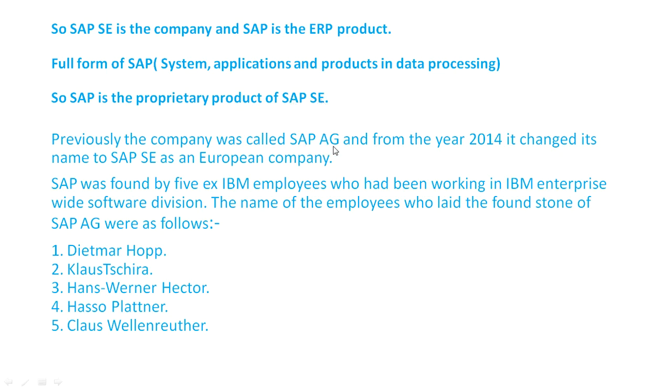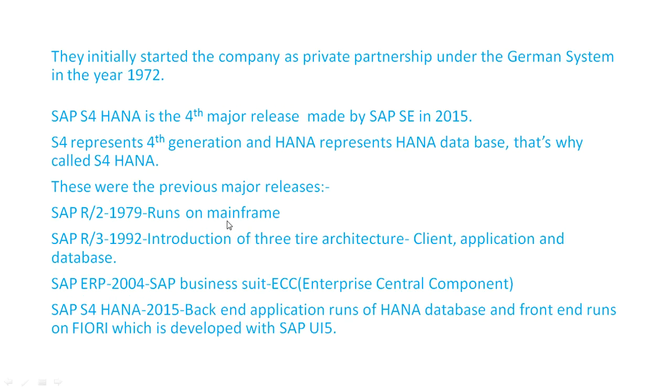But if it is a German company, it has to use the word AG after the name. So in 2014, when it was registered again in the European Union, the word changed to SE instead of AG. So these five technocrats finally framed that company.